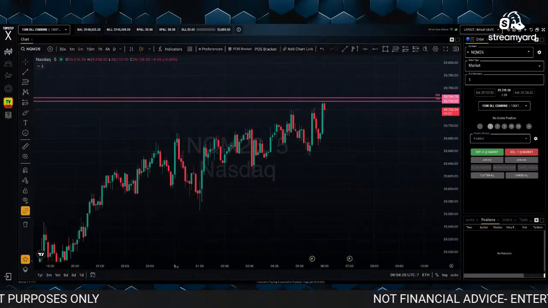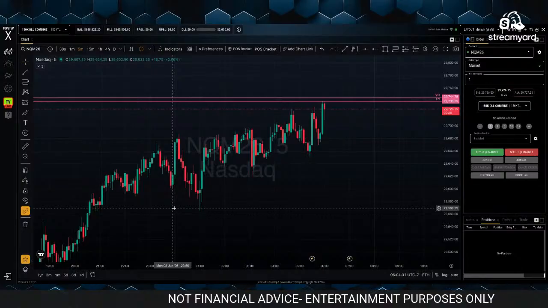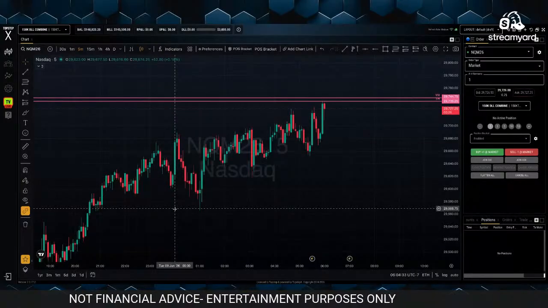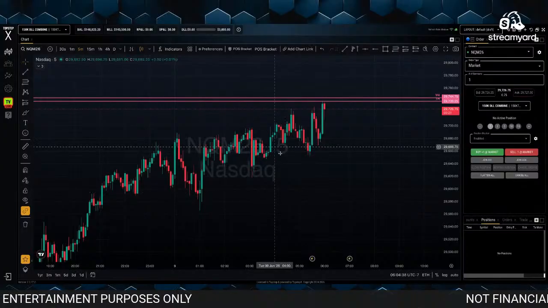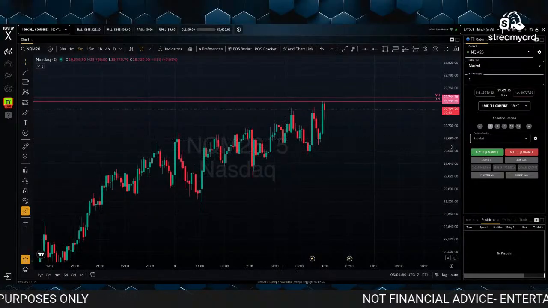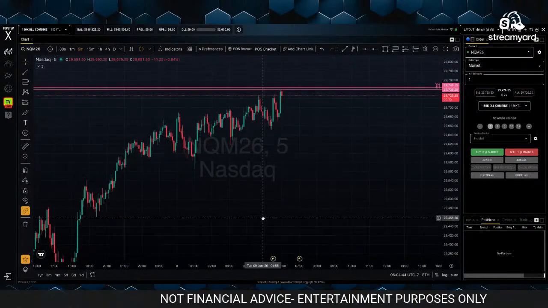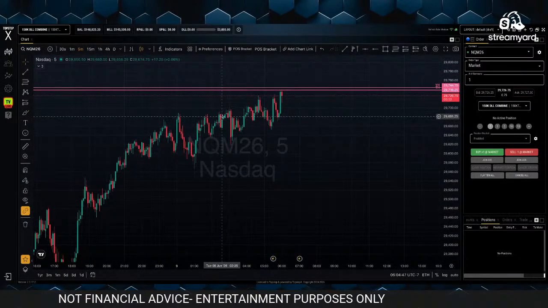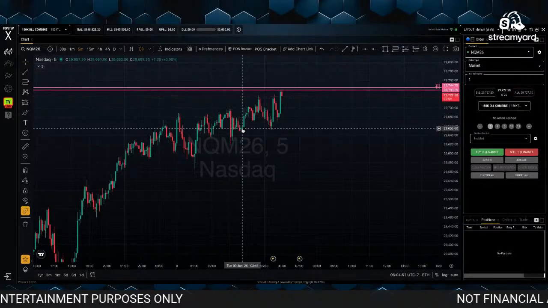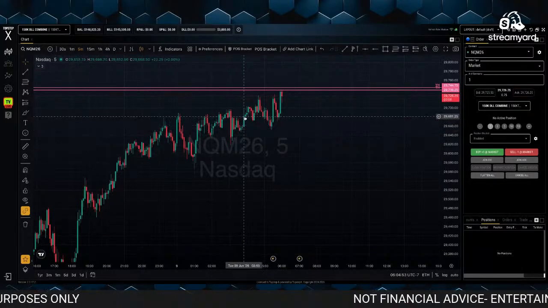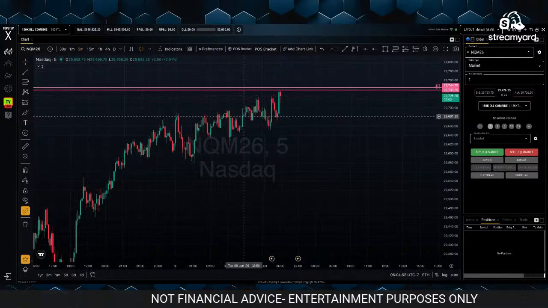So I like to look at it from midnight, which, if you look at the bottom here, is midnight here, up to current. There's not really too much calling my attention, but I look for an area where it stopped.